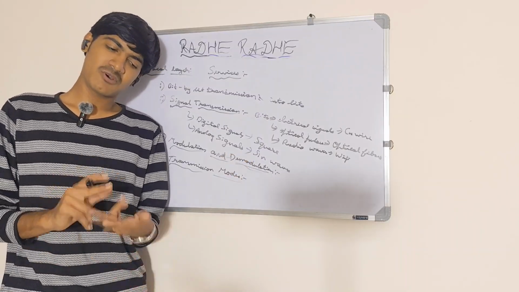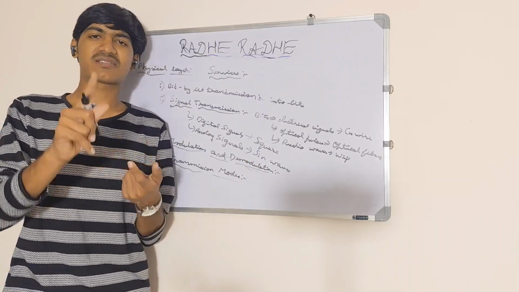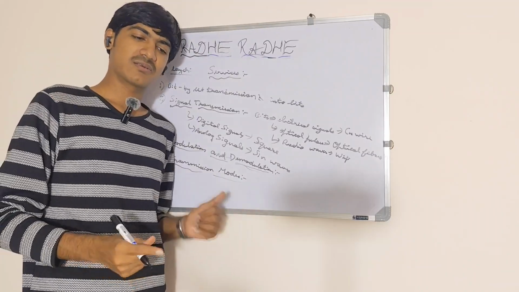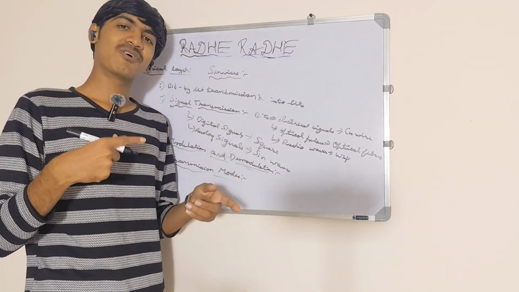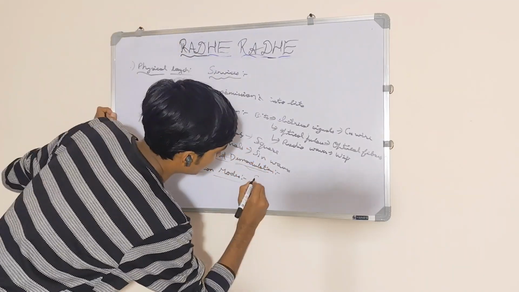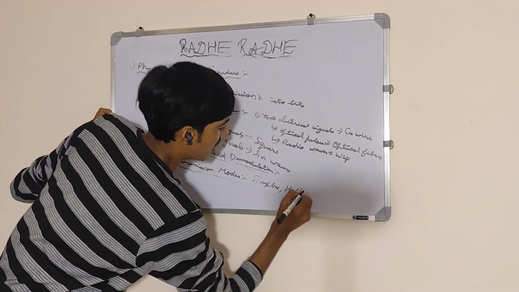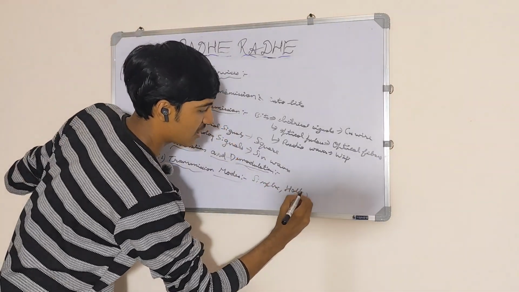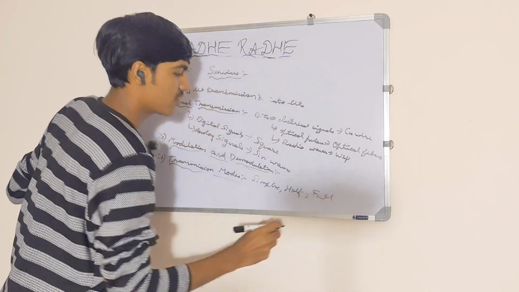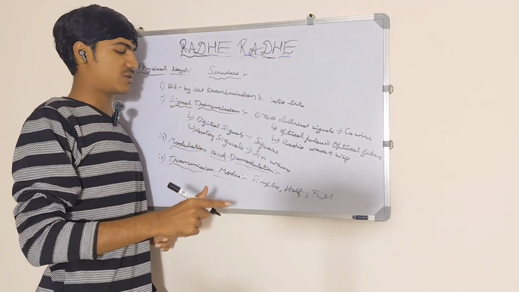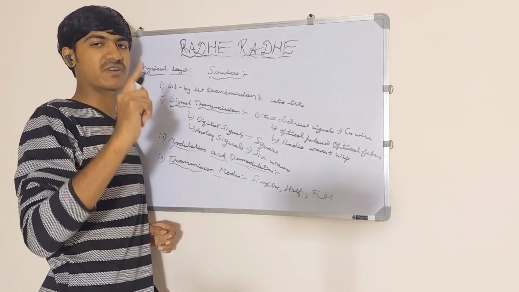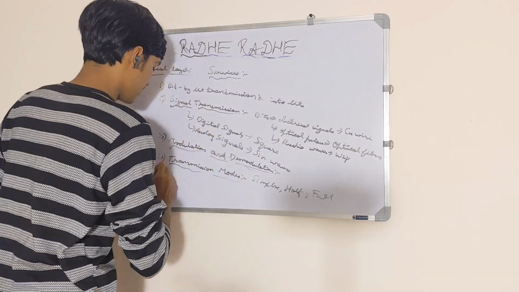Half duplex means both can be senders and receivers, but not at the same time. Full duplex means both at the same time. Physical layer decides the direction of data flow.